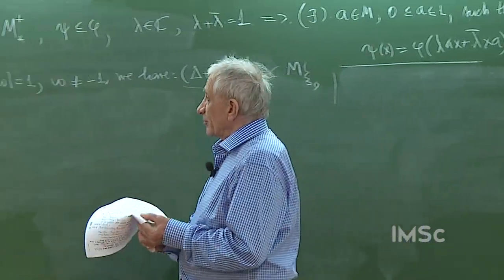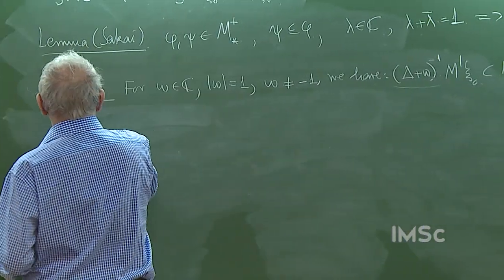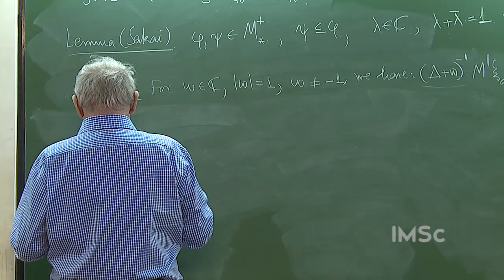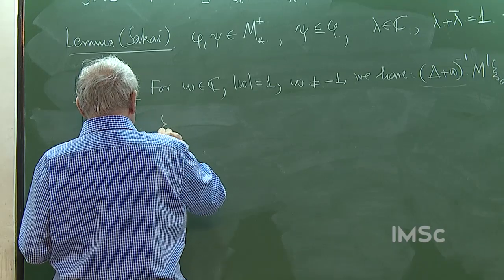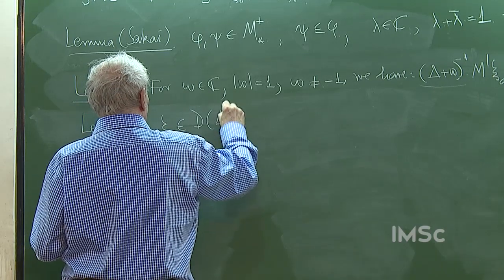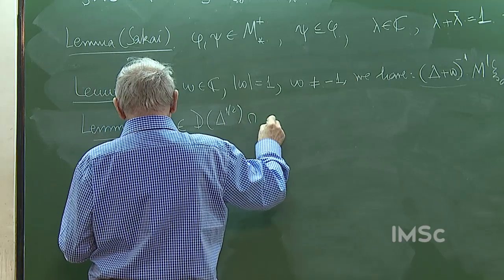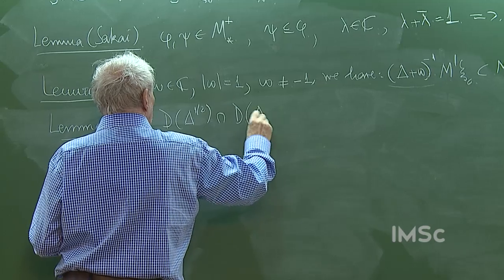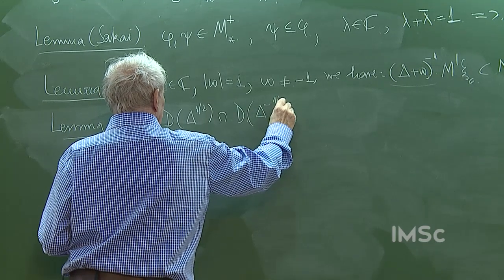The approximation lemma is the following. Let psi be an element of the domain of delta 1/2 intersected with the domain of delta minus 1/2.